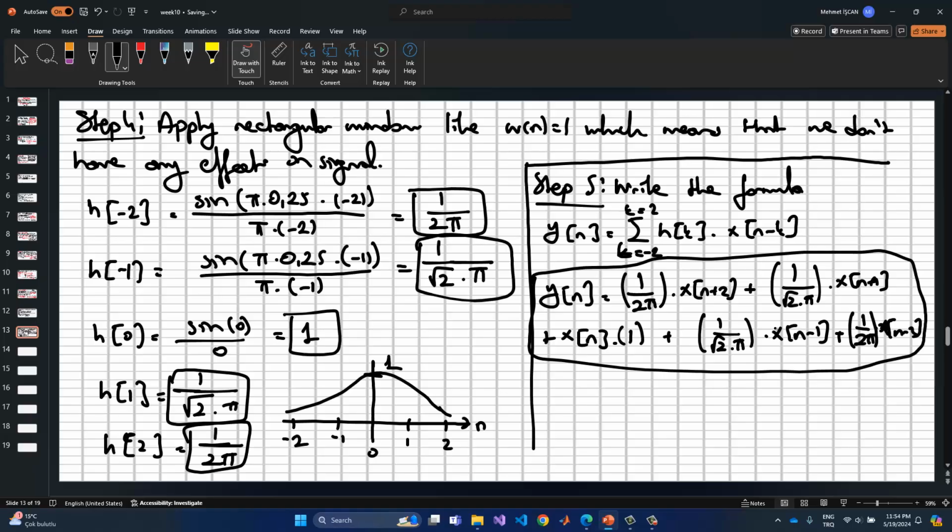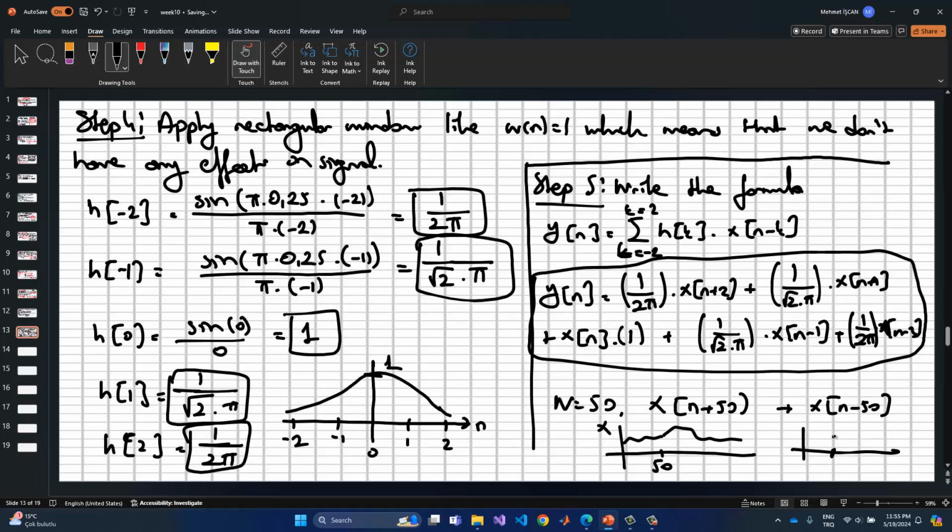If we increase the FIR filter up to 50 values, we have x(n plus 50) to x(n minus 50), which means that we cut the first 50 signal values. If this is the x signal, these 50 values are not seen in here. Our filtered signal begins at the 50th value.